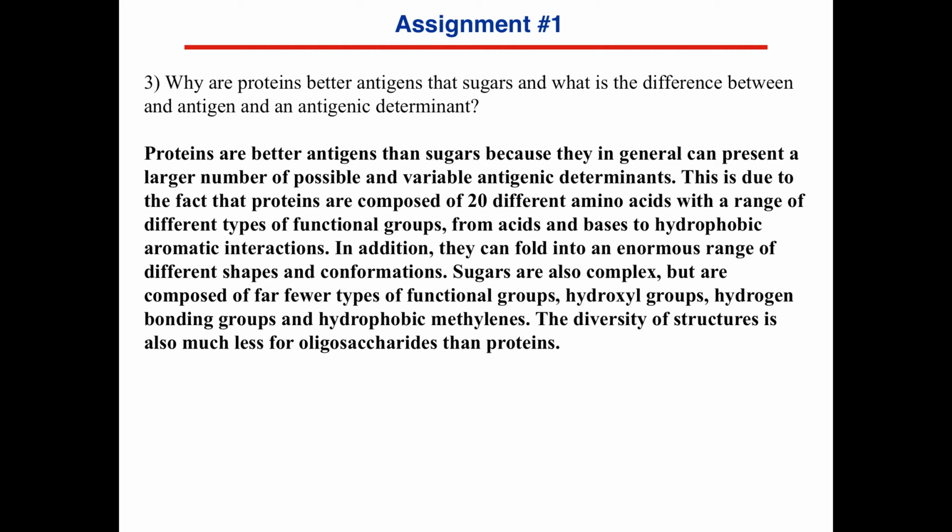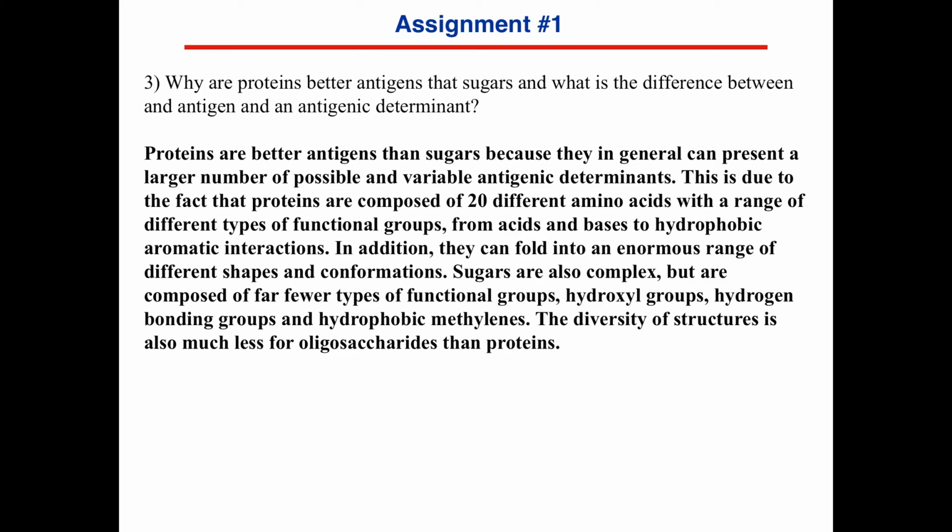Why are proteins better antigens than sugars? We've gone over this before. Proteins have a greater density and greater amount of functionality. There are 20 different amino acids, a range of different potential chemical functionality. They can fold into an enormous number of different structures, and provide a lot of different complexity that can be recognized.